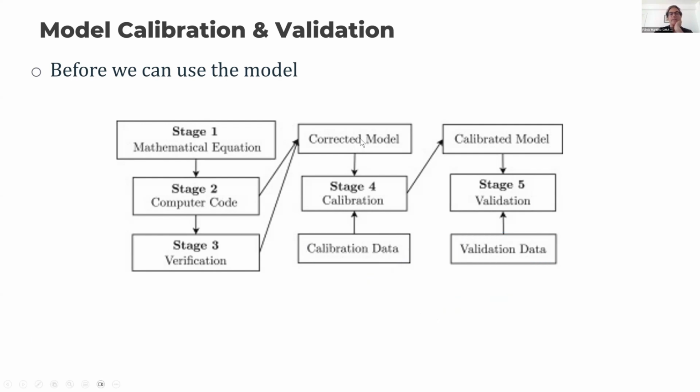And the model is compared with the calibration data set. And when we are happy, so we do this many times, okay? Until we are happy with the set of coefficients. But we may think, okay, the model is running okay for this particular situation of this data that we have.